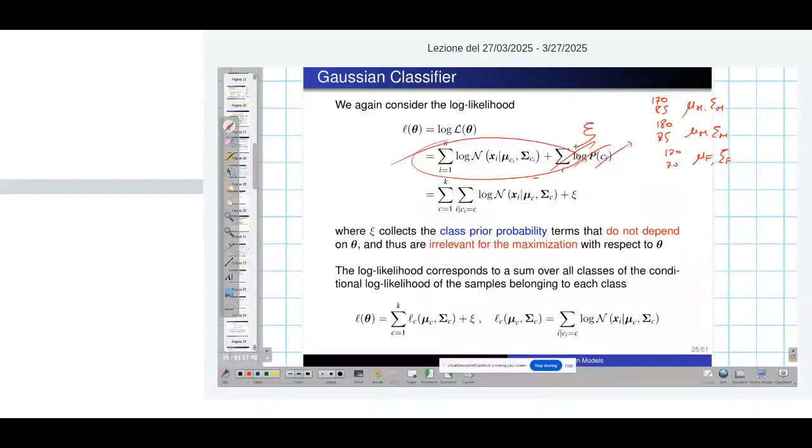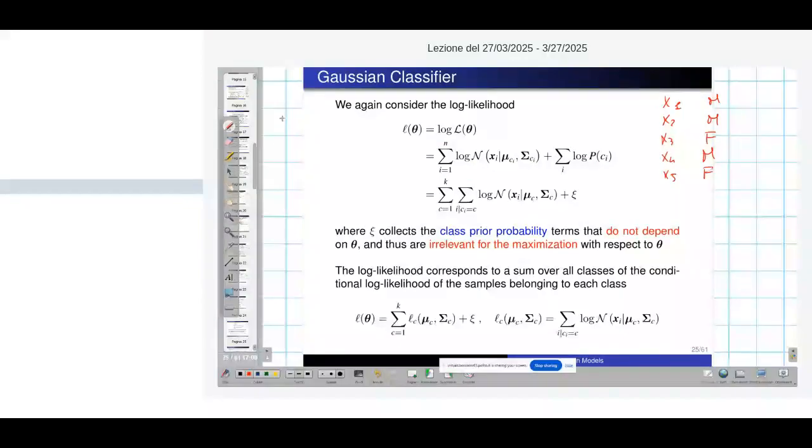Now this log likelihood, let's rewrite it in an easier to manipulate way. How? Well, let's imagine that I have sample x1 from class male, sample x2 from male, sample x3 from female. Then let's add another from female and so on. What would be the log likelihood in this case?